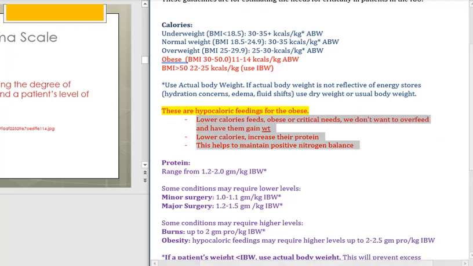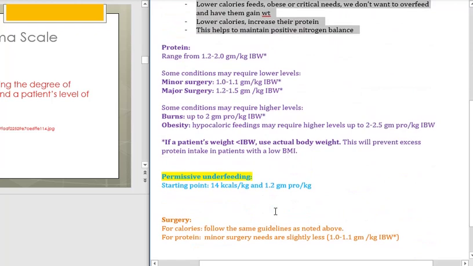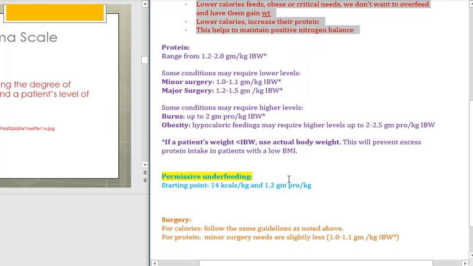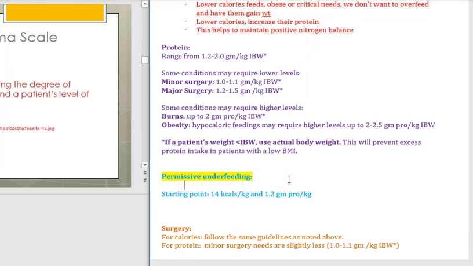Okay, so permissive underfeeding. Again, as the name implies, we're permitting ourselves to underfeed patients temporarily. It is not just for the obese. Permissive underfeeding is for anyone that's in the ICU.